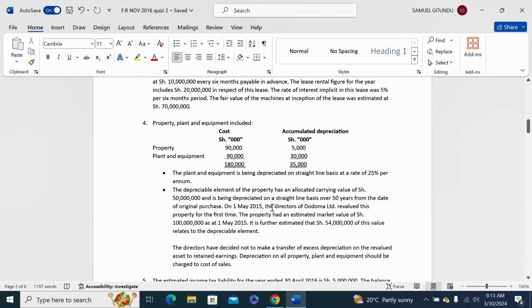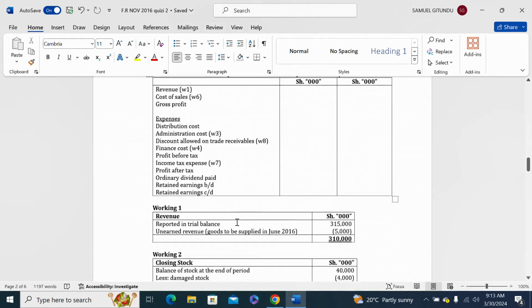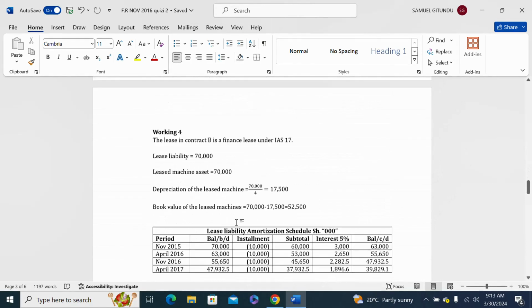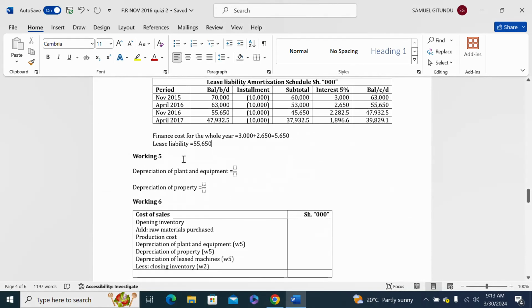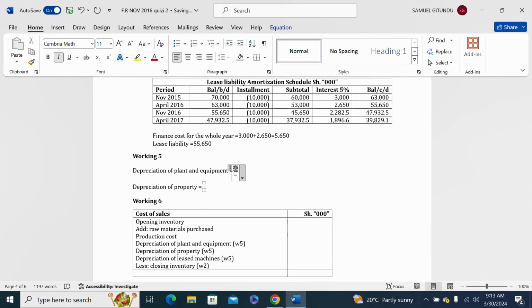Therefore, we can calculate the depreciation on plant and equipment. The depreciation on plant and equipment in our working note number 5 is 25%. That is 25 over 100.